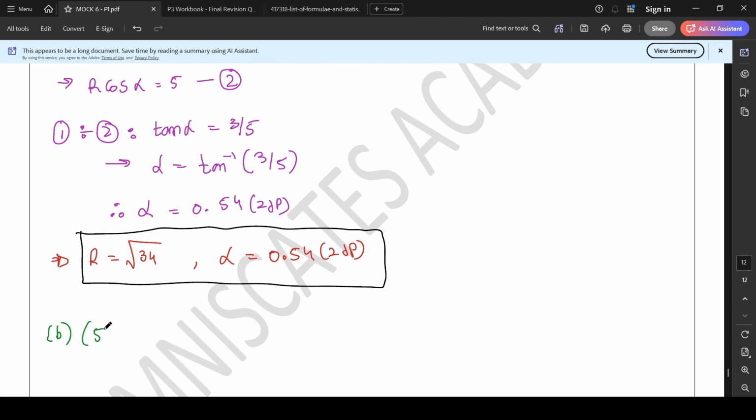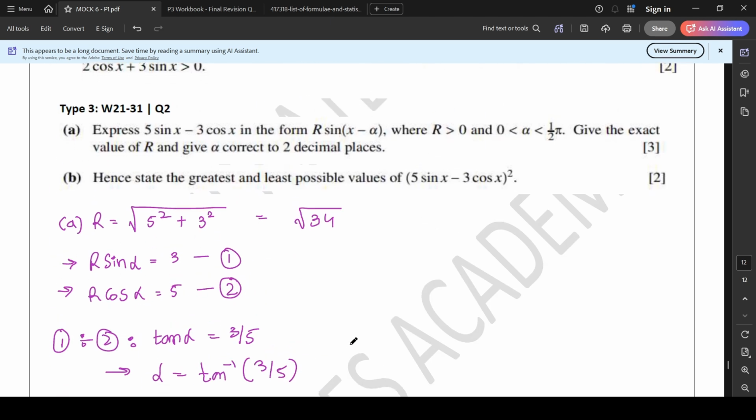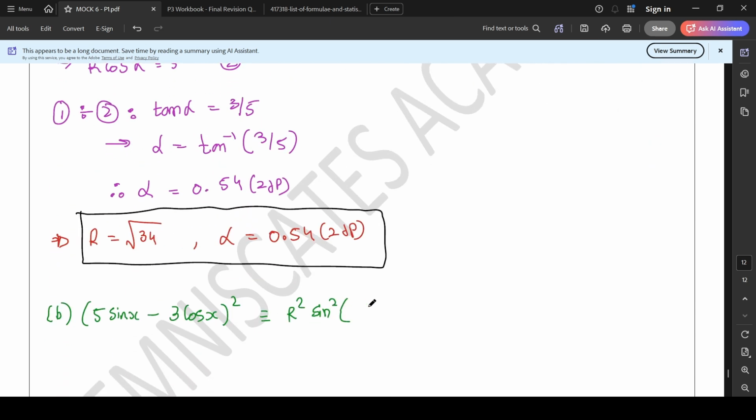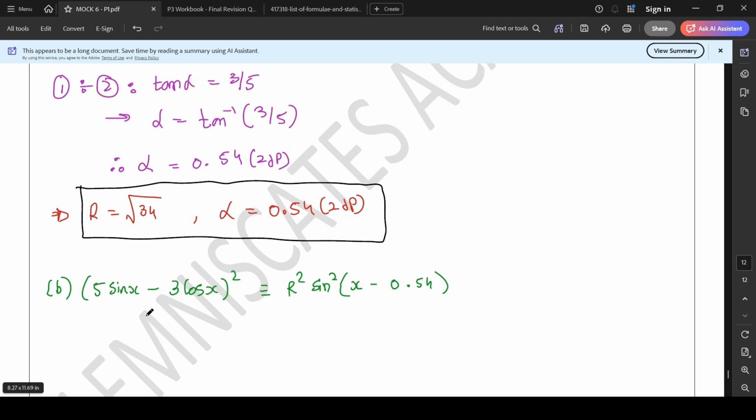So I know that 5 sin x minus 3 cos x the whole square can be written as r square sin square of x minus alpha. So x minus 0.54. Now I need to find the greatest value of this and the least value of this.